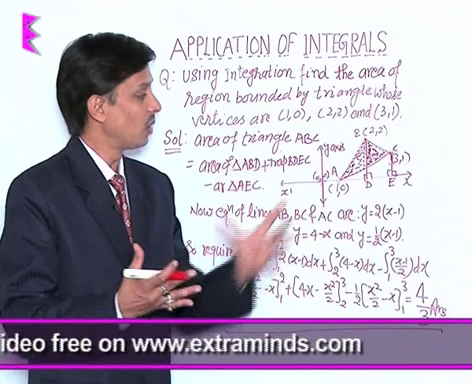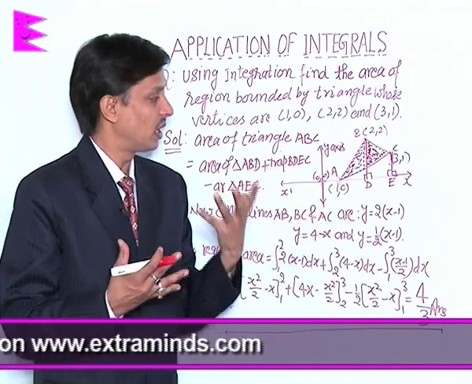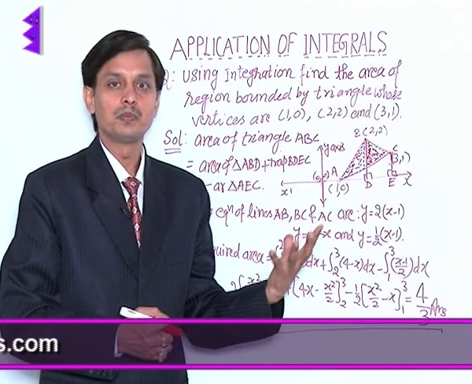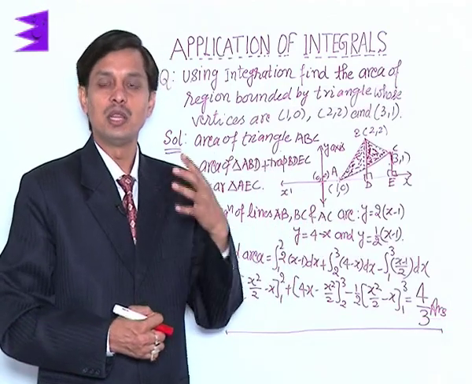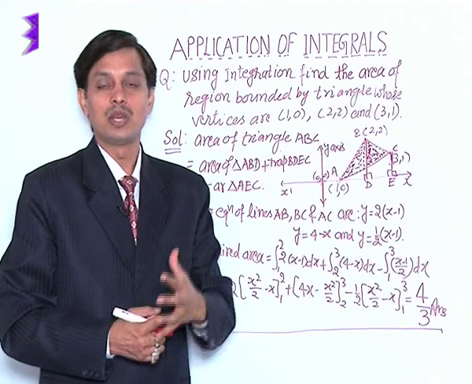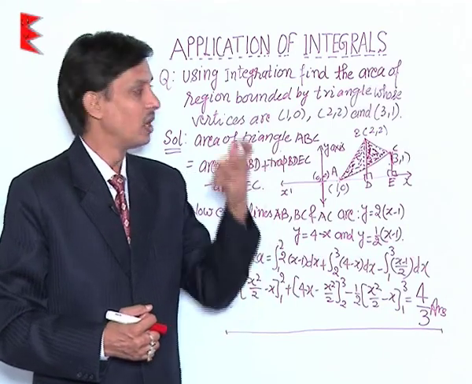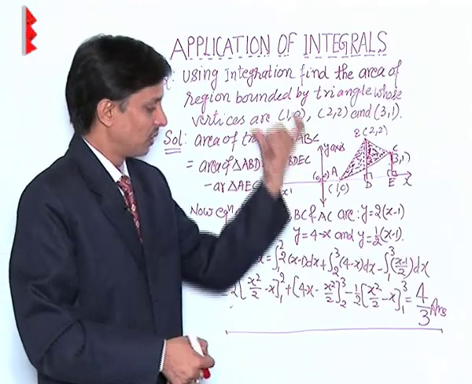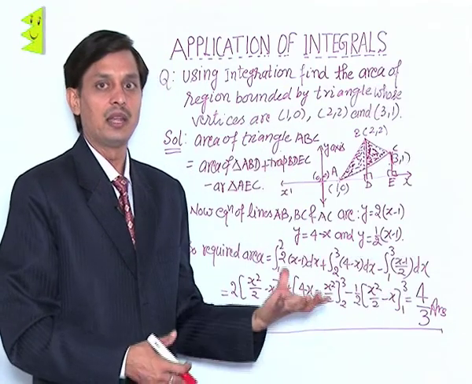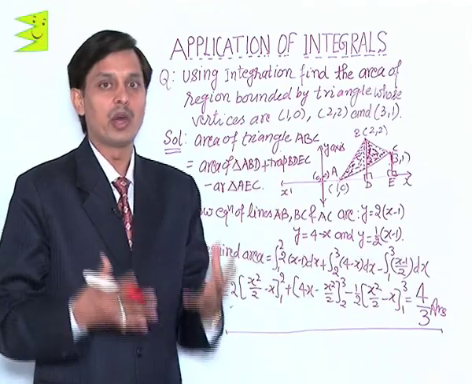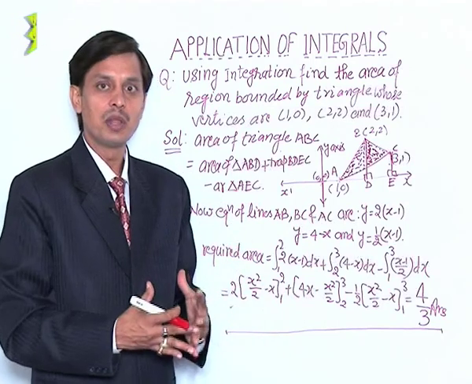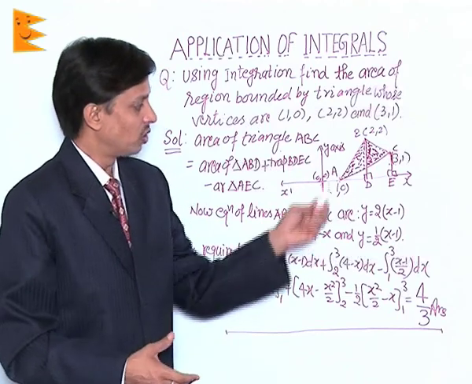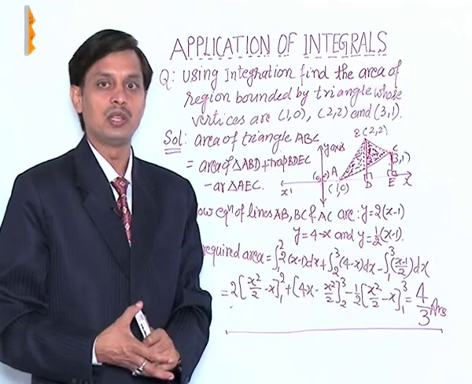The area of the triangle can be calculated very easily using half of x1 into y2 minus y3 plus x2 into y3 minus y1 plus x3 into y1 minus y2. But if we are bound to calculate the area by using integration, then you need to follow these steps, as we have calculated here. For this particular data, the area is 4 by 3 square units.